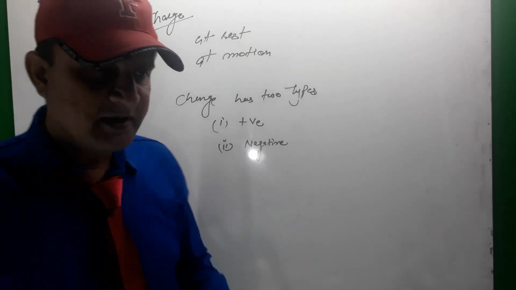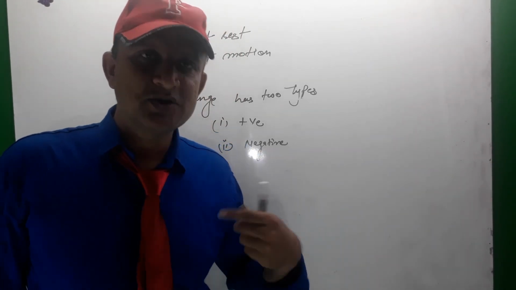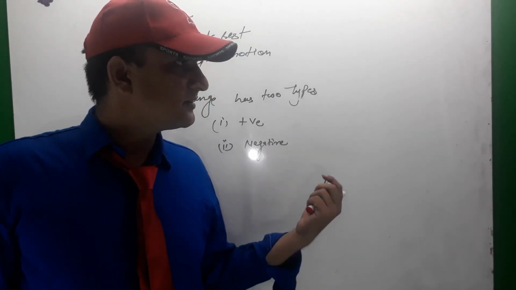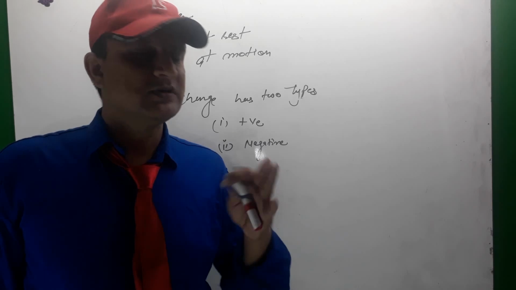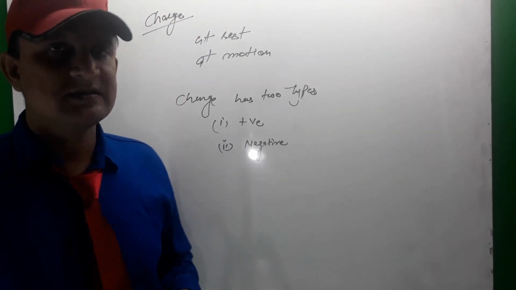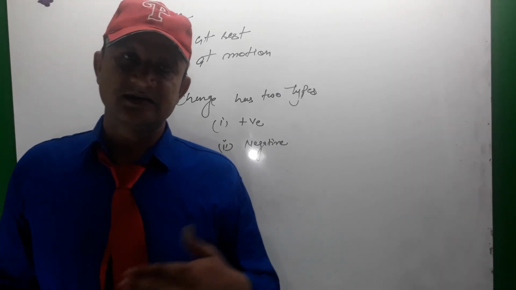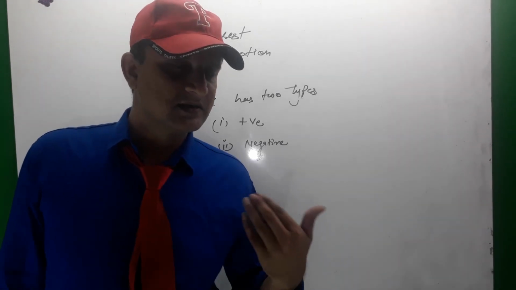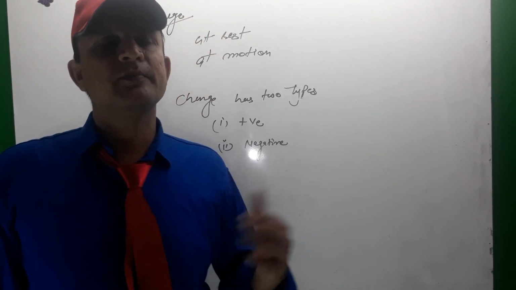Positive charge means that it has lost its surface electrons. What is the meaning of positive? The meaning of the positive charge is that the object has transferred its electrons and has got positive charge.